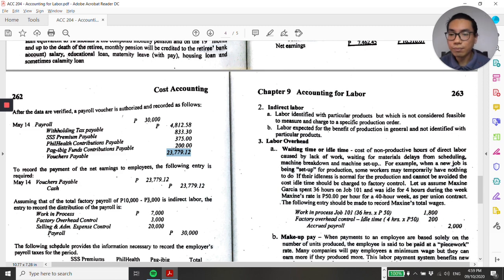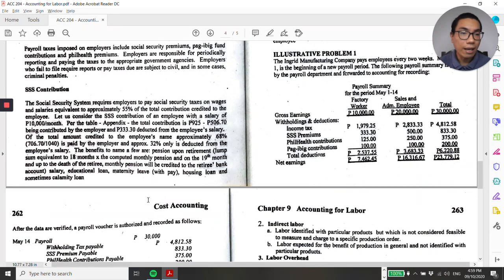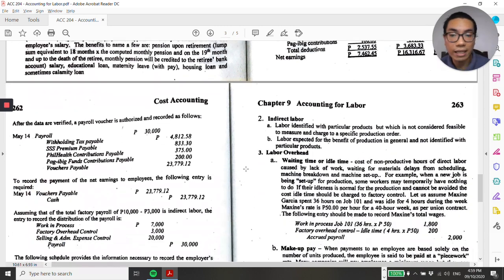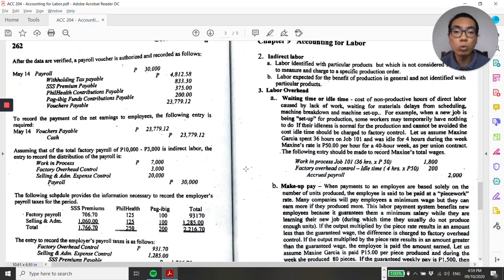So yung sa factory workers na sahod natin is amounting to 10,000 and 3,000 of it is related to our indirect labor. That's why it is directly charged to our factory overhead control. And then, syempre, yung 7,000 should be charged to a work in process account.